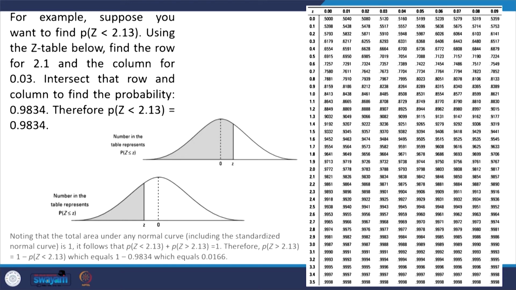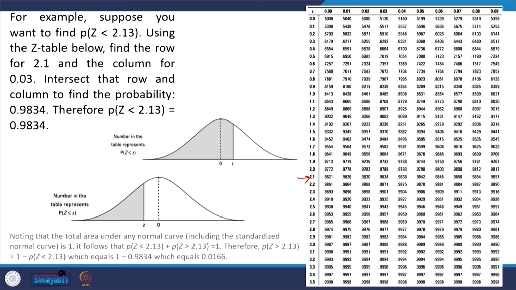Say you are interested in finding the probability of the Z value at 2.13. Using the Z table, first check the row for 2.1 and mark it here.